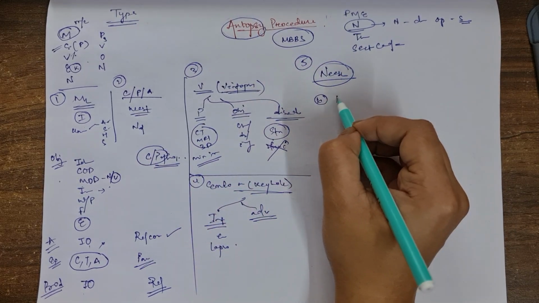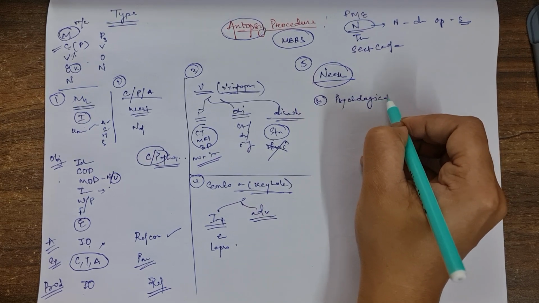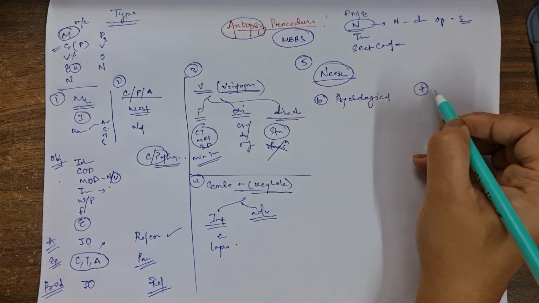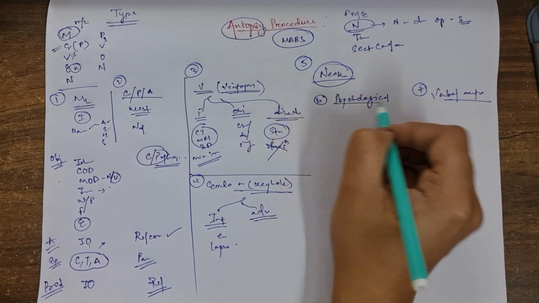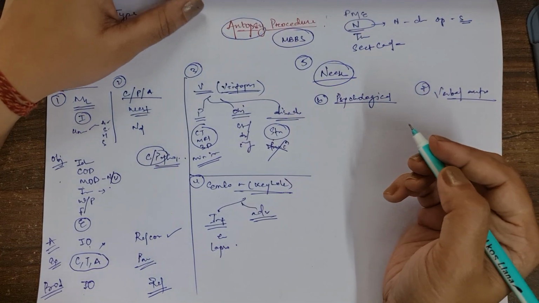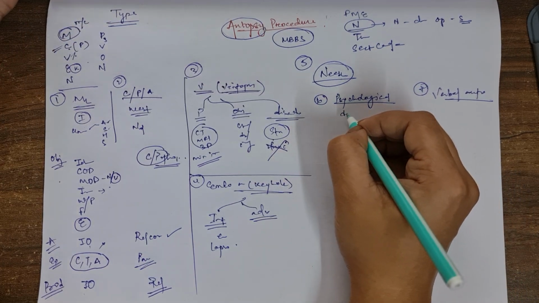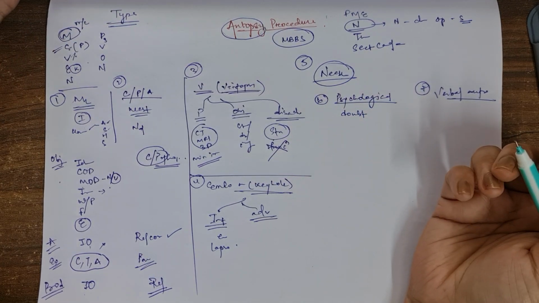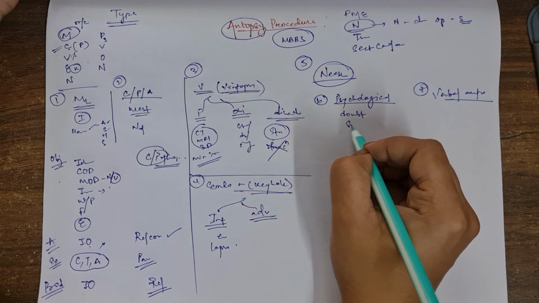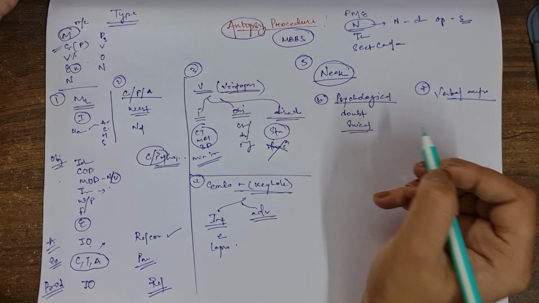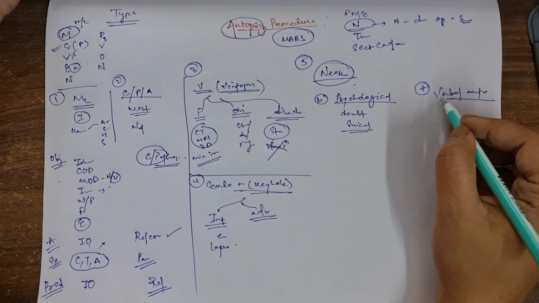Coming to the sixth one, that is psychological autopsy, and the seventh one is verbal autopsy. Let's see these together: psychological and verbal. What is the indication of psychological autopsy? If there is any doubt regarding the manner of death, we do a psychological autopsy to confirm suicidal death. And what is the indication of verbal?